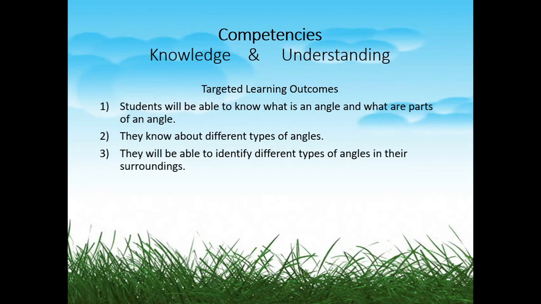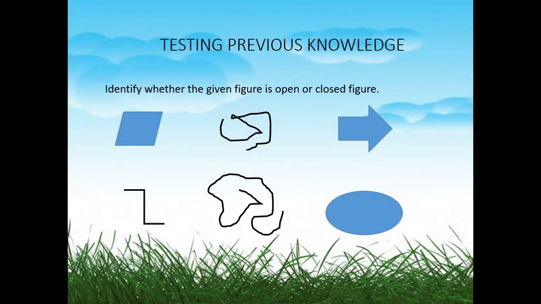Children, as the name of the chapter suggests, it is related to shapes. So, let's revise a few things which we have learnt in previous classes. Can you identify which of the given figures are closed figures? Yes.